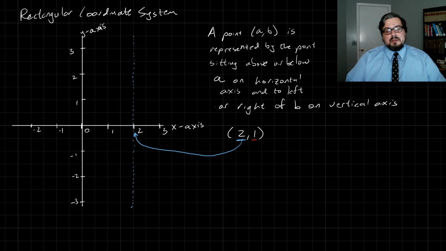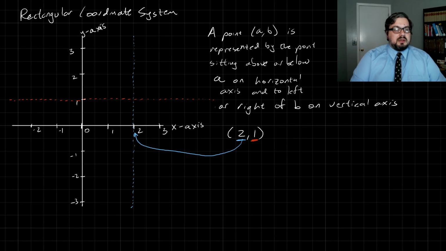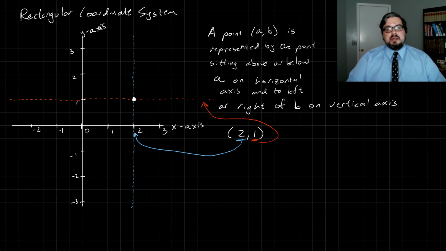And my second number is going to tell me where on that blue line my point sits by finding the point 1 on the vertical axis, the y-axis, and then drawing the line corresponding to that. So our point 2, 1 sits right here. It sits above the point 2 and to the right of the point 1 in the coordinate plane.